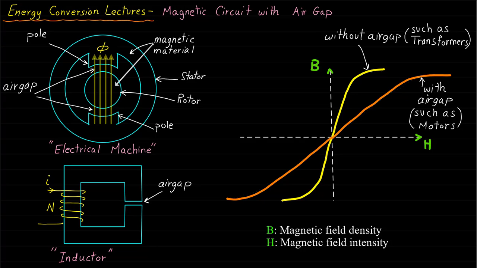The air gap causes an increase of the reluctance. That means a higher magnetizing current I is required to obtain the same magnetic flux density B compared with the non-air gap magnetization curve.